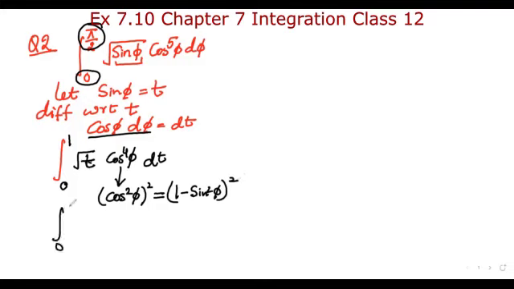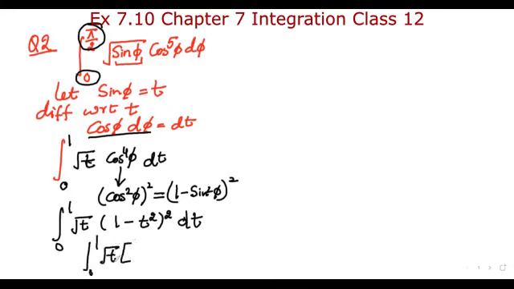So my question will become under root t, and 1 minus sine square phi means t square, and the whole square. We will open the bracket first. So it will be 0 to 1 under root t, a minus b whole square. So that is 1 plus t power 4 minus 2t square into my dt.